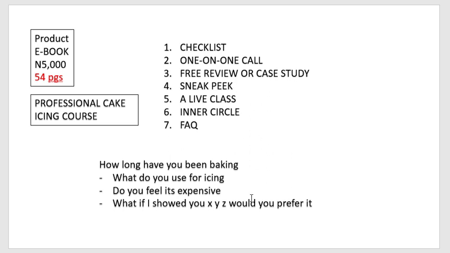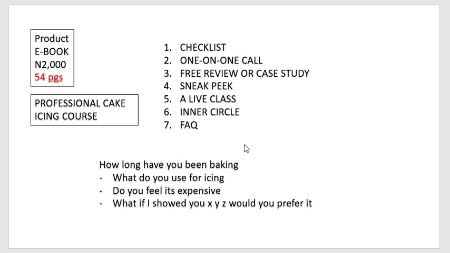So from this video, you can now see how you could add value to your product. The main value of this was 2,000 naira normally, right? But now you've jacked it up to 5,000 naira because you've added these bonuses into the game.